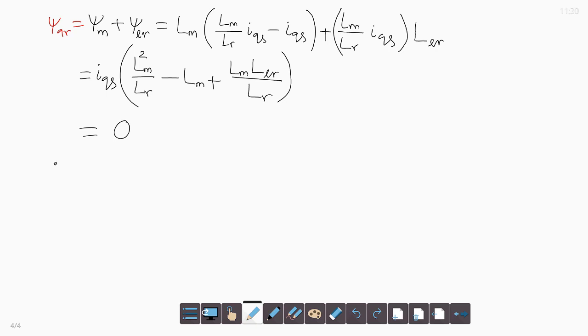Let us see, if leakage inductance is neglected, the flux psi r is constant, which is given by current I ds flowing in the magnetizing branch.